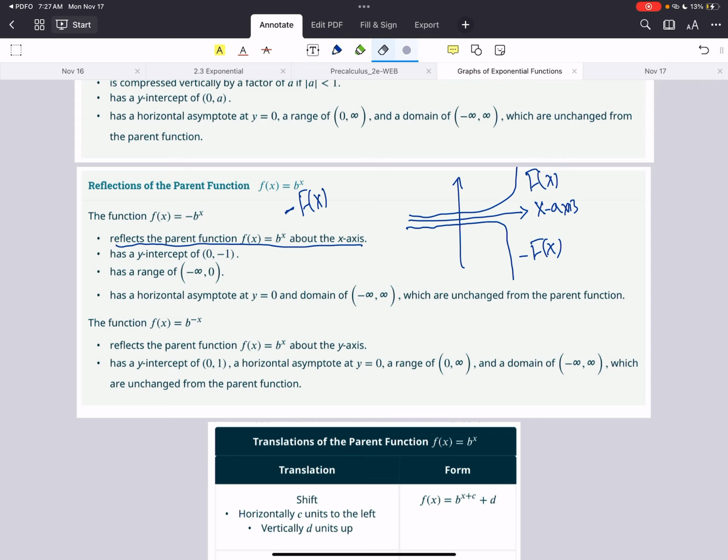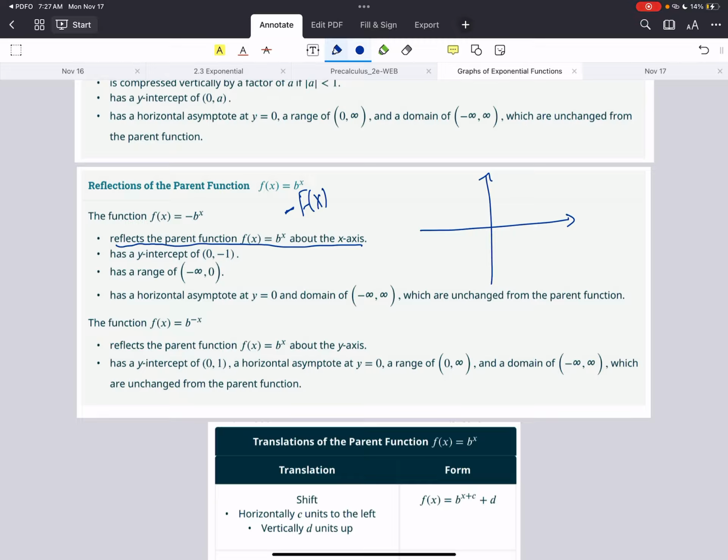Now, what if I have a function that looks like this, and this is f(x). I want to find f(negative x).